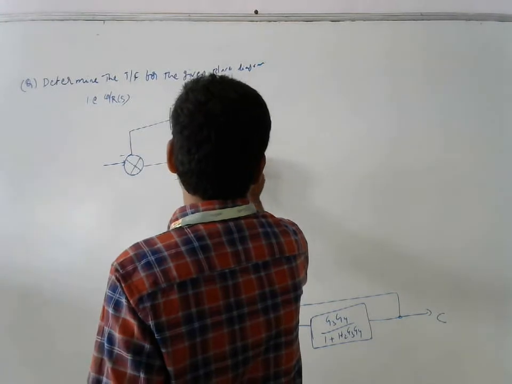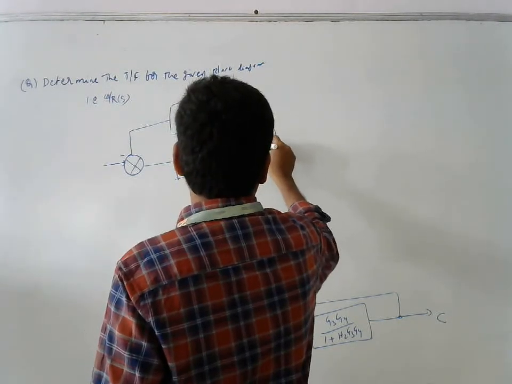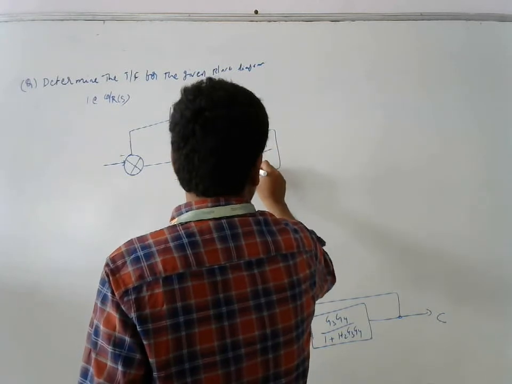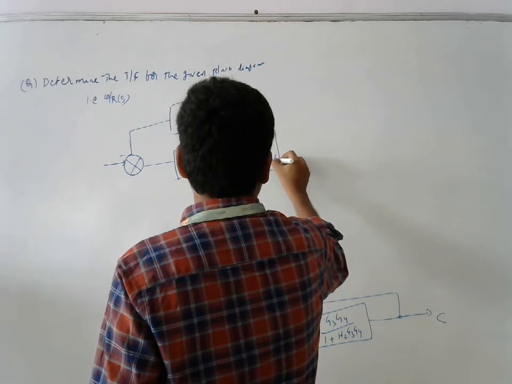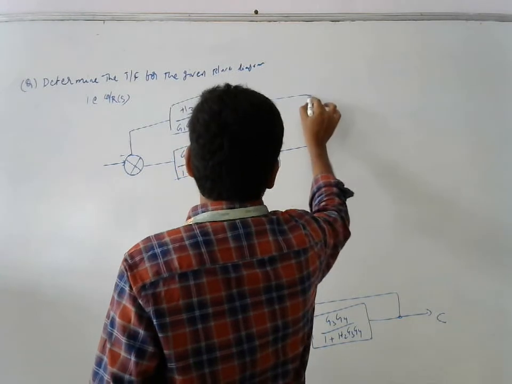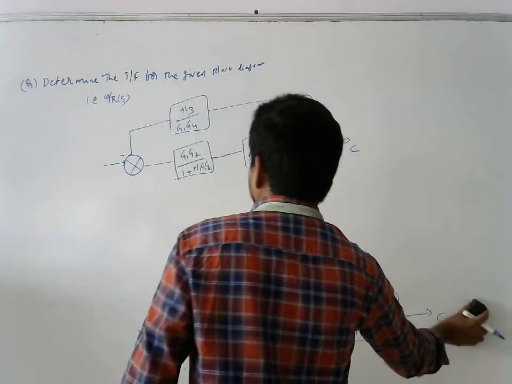After that, what are we having? G3, G4 divided by 1 plus H2, G3, G4. And this is what we finally get. This is the output.